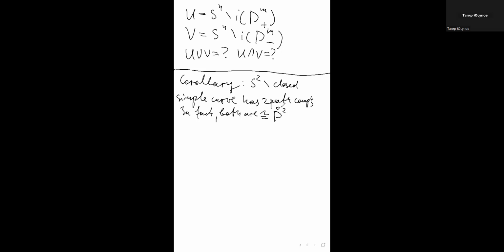But this is not for free, and there are several proofs. There are topological proofs, and also there are proofs which use complex analysis in one variable. But anyway, the statement that the complements are disks requires some extra work.